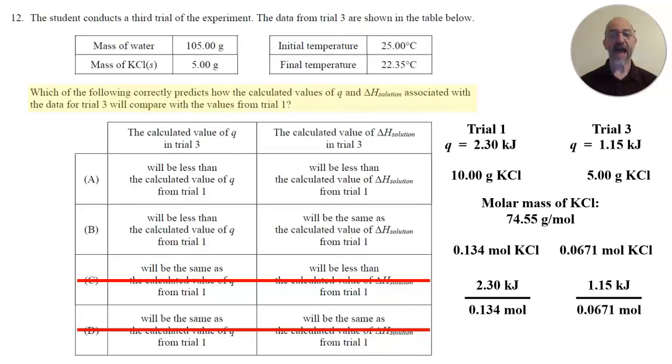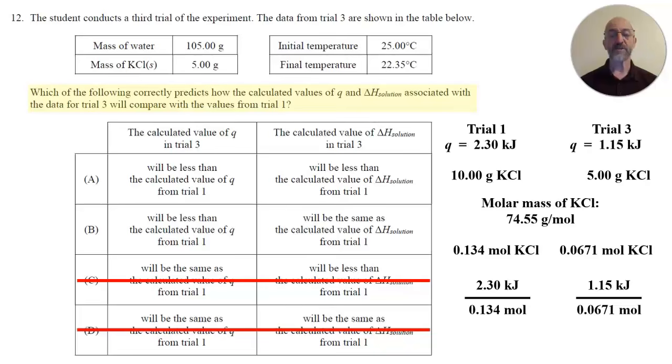If I have half the number of grams of potassium chloride in trial 3, I will get half the number of kilojoules for Q, but I also get half the number of moles of potassium chloride.